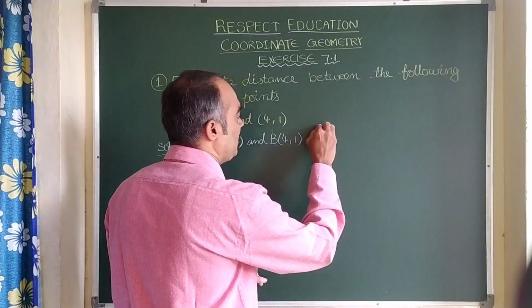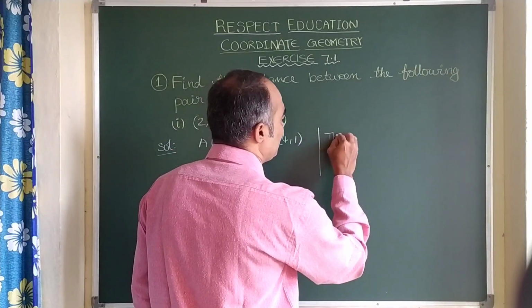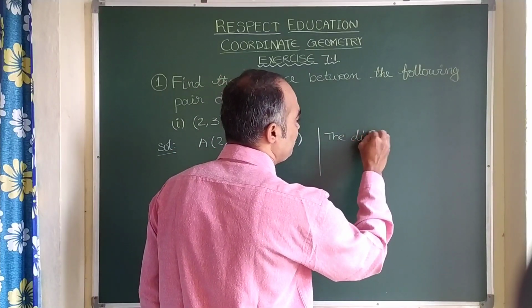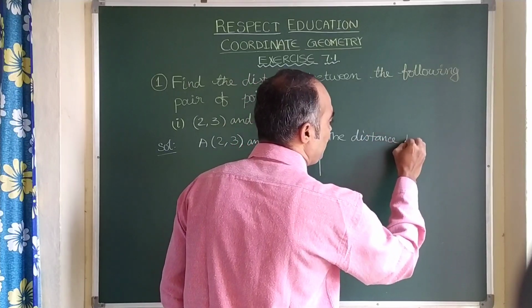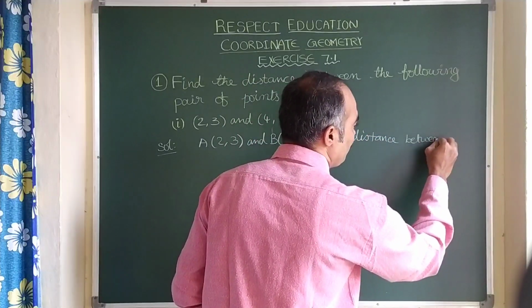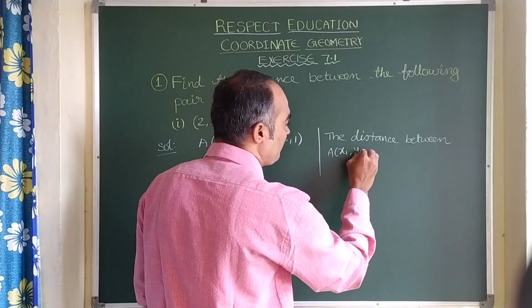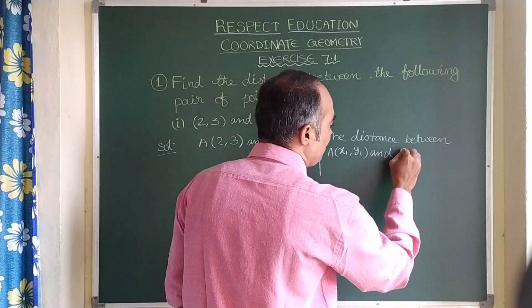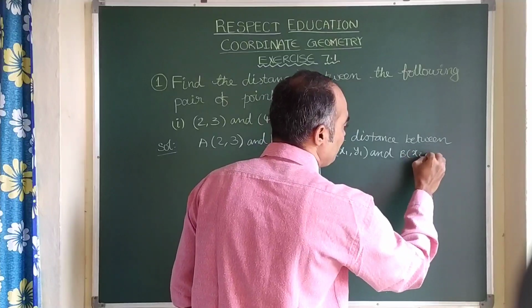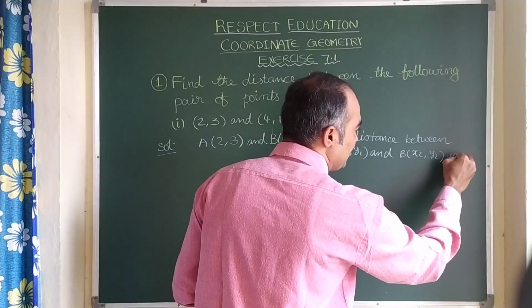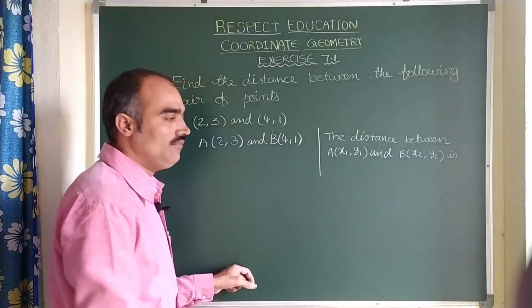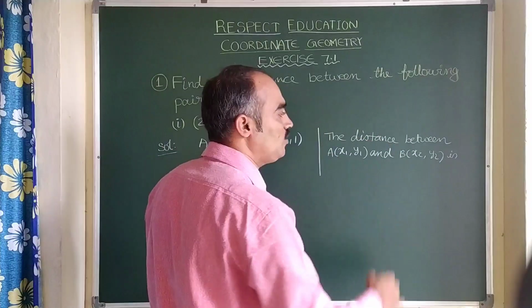Let us write the formula here. The distance between A (x1, y1) and B (x2, y2) is given by a formula for finding the distance between two given points.